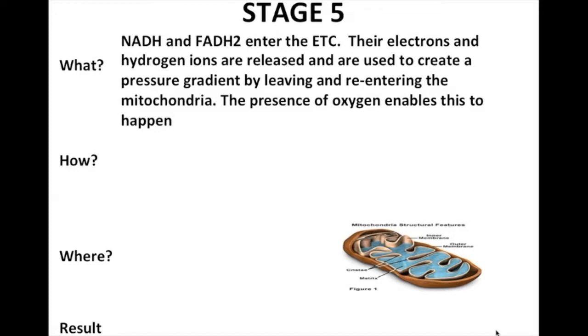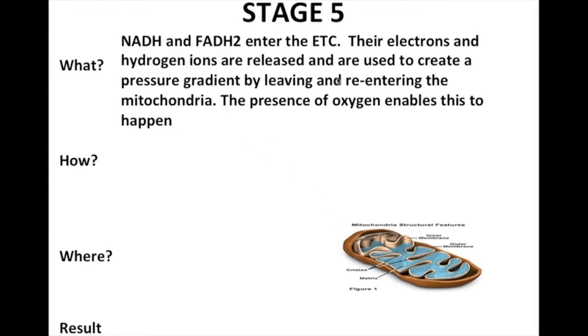In the electron transport chain, the electrons and the hydrogen ions are broken off these two compounds, and they're used to create a pressure gradient. This is all happening inside here, and the hydrogen ions and the electrons get passed along inside this compound, and they're pushed in and out of this little cell, and the pushing generates a pressure gradient.